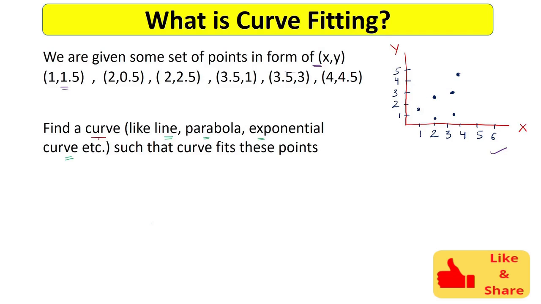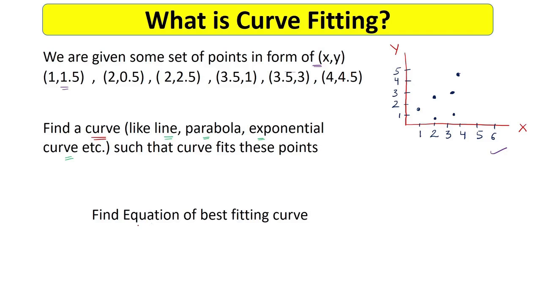Now when we say we have to find the curve which can satisfy all these data points, what does it mean? Finding the curve means finding the equation of that curve which can satisfy these data points, and the curve we find should have the property that it is best fitting. That means we want the curve which can fit these data points in the best possible manner.